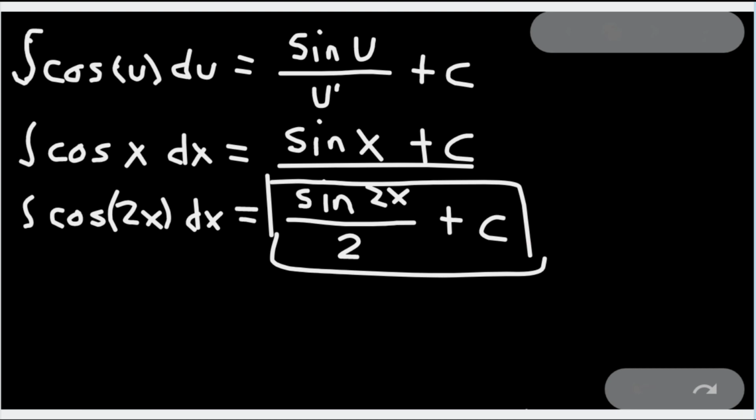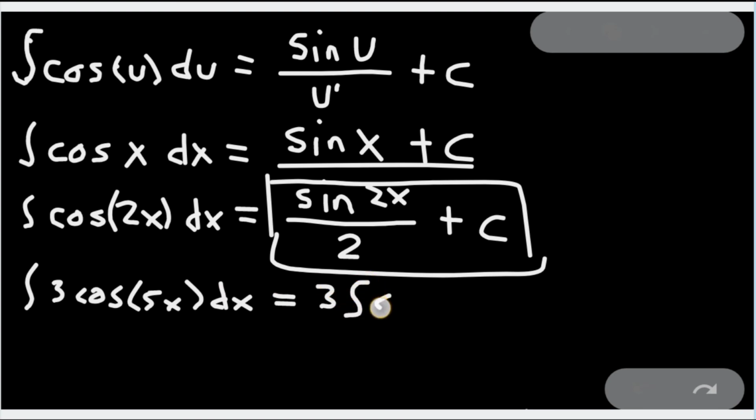Let's have another example. What if we have the integral of 3 cosine 5x dx? The value of 3 here is a constant, so we can put it on the left side.